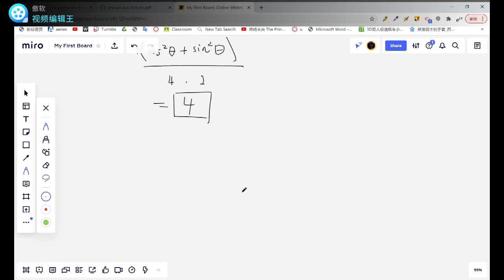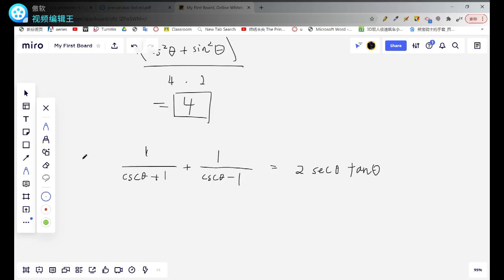So let's see if we can prove a really kind of complicated one. Say we have 1 over cosecant theta plus 1 plus 1 over cosecant theta minus 1 is equal to 2 times secant theta times tangent theta.